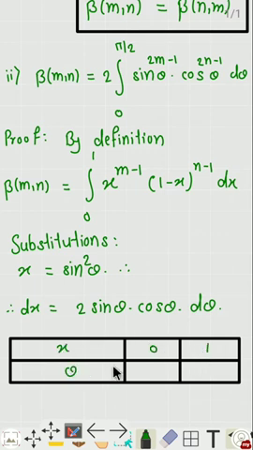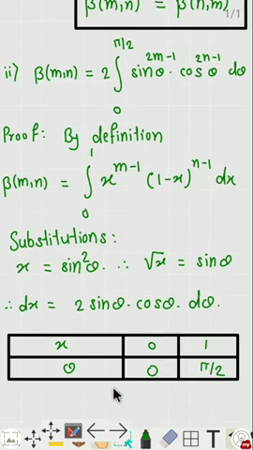Now we try to find the new limits of this variable. Therefore what we have is square root of x is equal to sine theta. Okay, so when x is equal to 0, theta is also equal to 0, and when x is equal to 1, theta will be pi by 2. Okay, 0 to pi by 2.